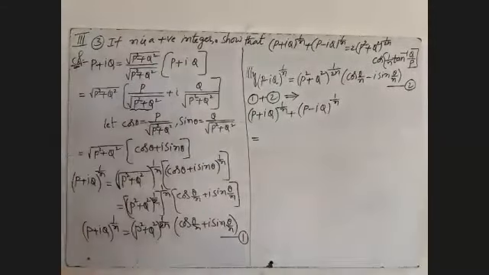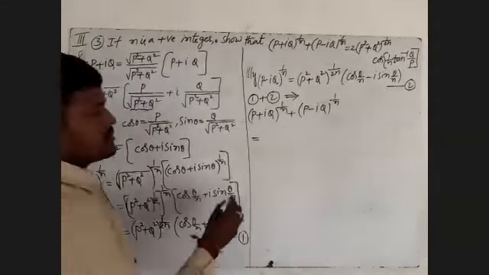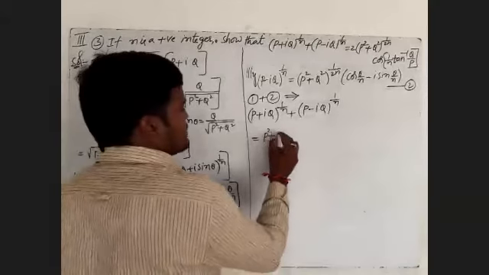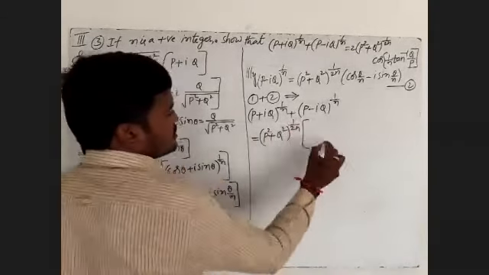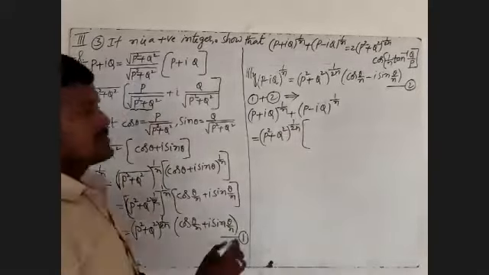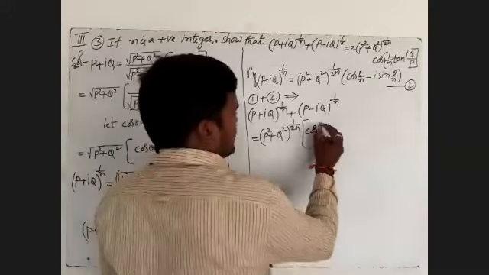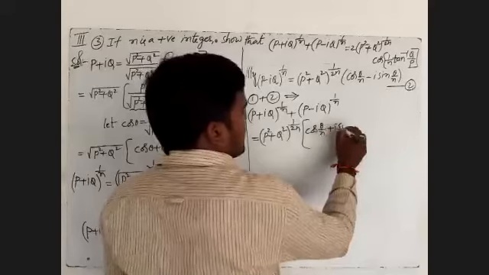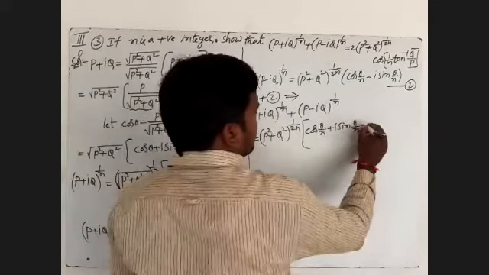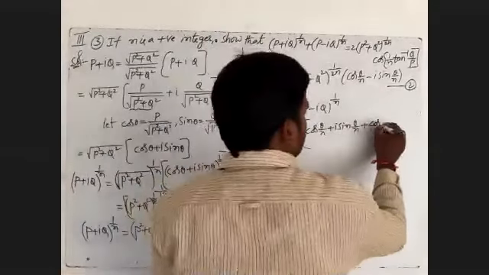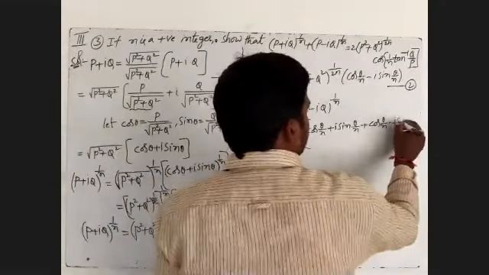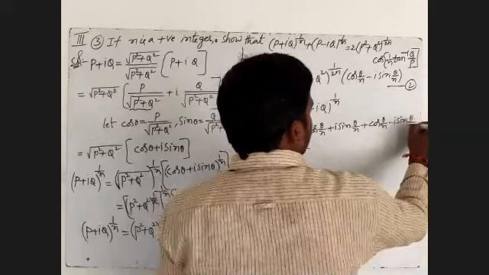Both have the common term (p² + q²)^(1/2n), into cos θ/n + i sin θ/n, plus cos θ/n − i sin θ/n.